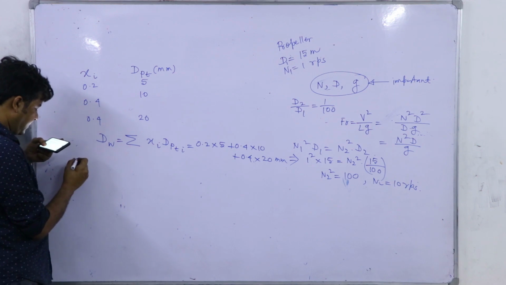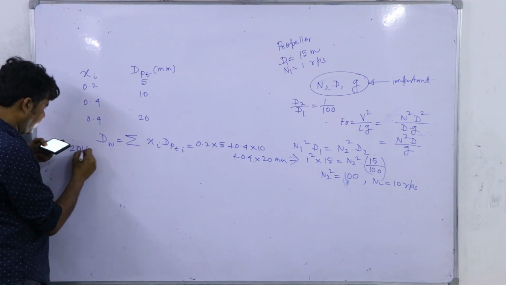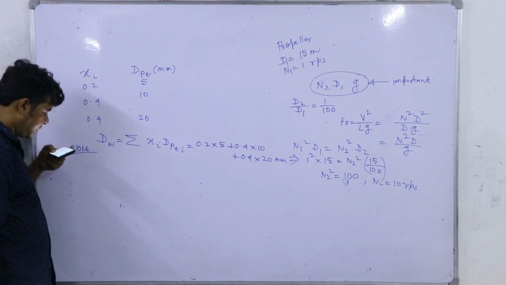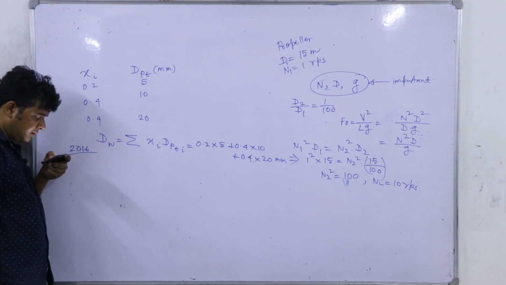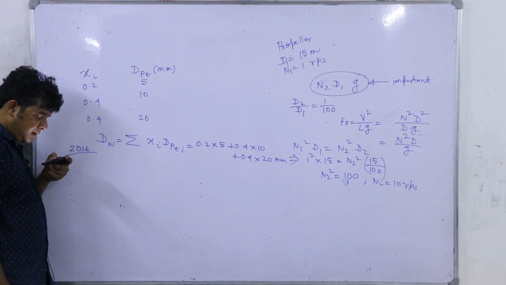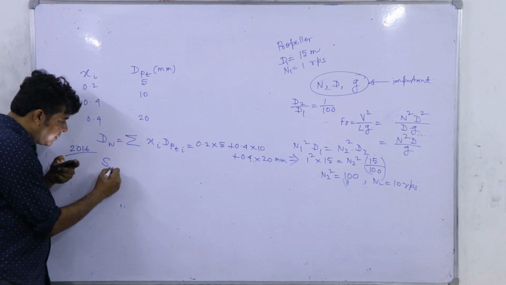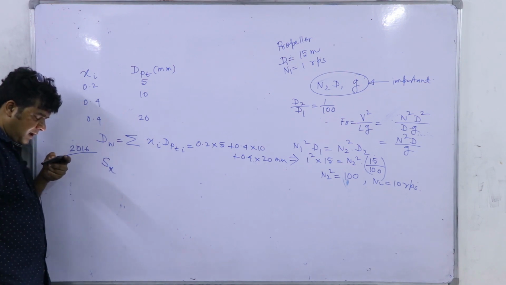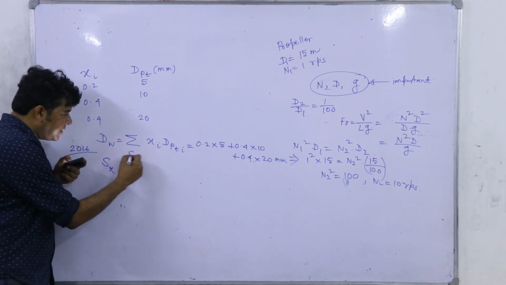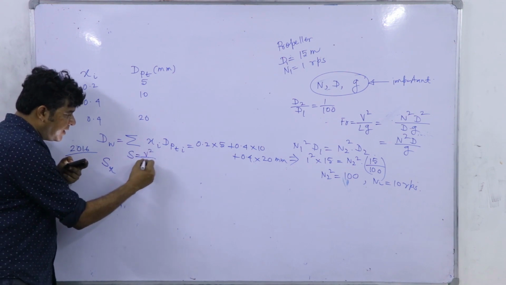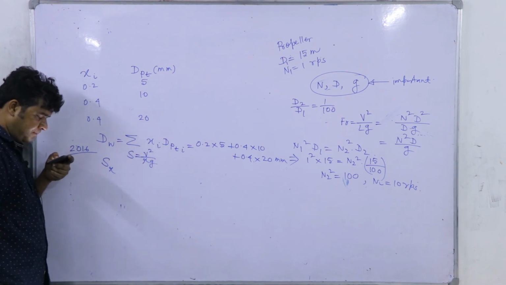Next question, 2016 question this is, what we are going to discuss. In a cyclone separator used for separation of solid particle from a dust-laden gas, the separation factor is defined as the ratio of centrifugal force to the gravitational force acting on a particle, as we have defined. SR denotes the separation factor. So, separation factor is basically V squared divided by Rg, that we have to note.